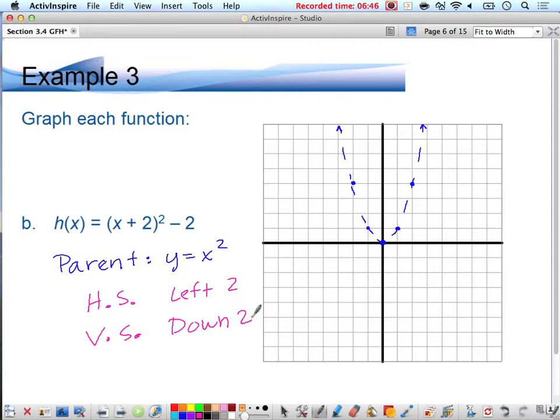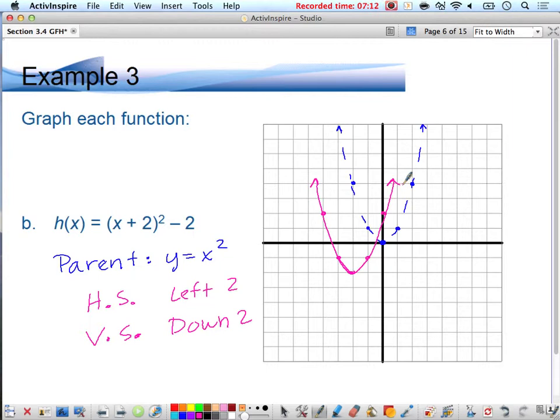So we're going to go ahead together and do our vertical and horizontal shifting all at once. So left and down, left and down, left and down. Oh my. This gets old really fast. Left and down, left and down. So there is the final graph.